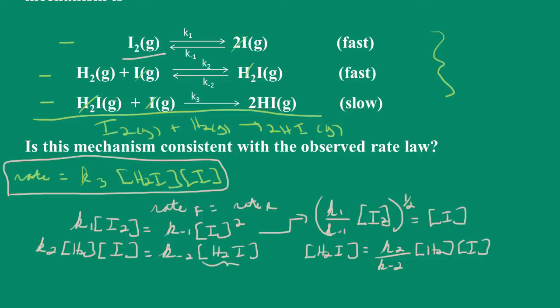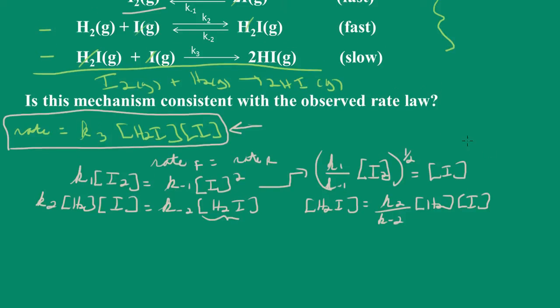Okay, so I'm going to go to the rate law that I wrote from my slow step, and I'm going to start substituting. First I'll substitute this in for this intermediate here. So that would give us rate is equal to k3. Let's combine these k's.